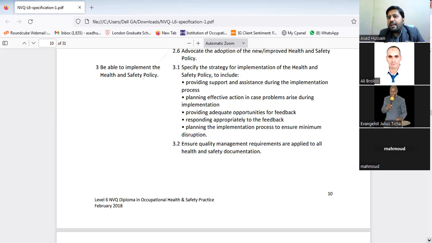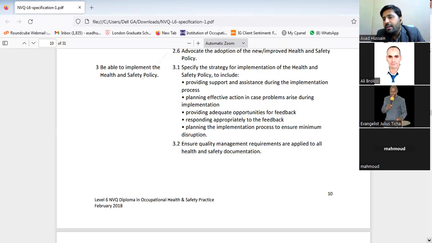And secondly, because I have implemented this health and safety policy through trainings, I should have a plan that if new or fresh people are coming into the organization, I should have a proper induction training there. In that training, my first priority will be to clearly communicate the health and safety policy to them, because it will definitely support the implementation of health and safety.